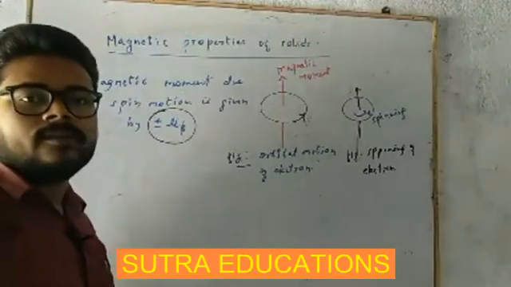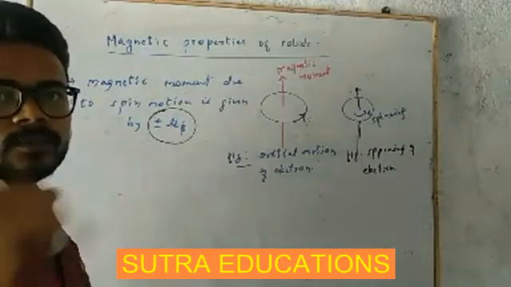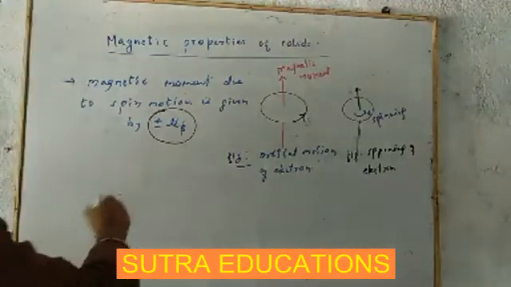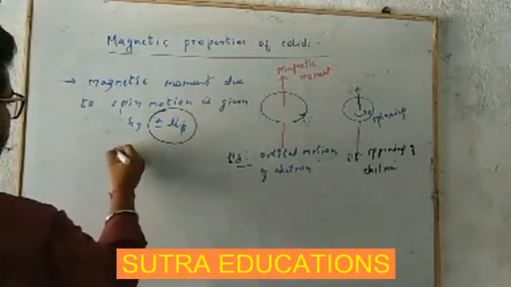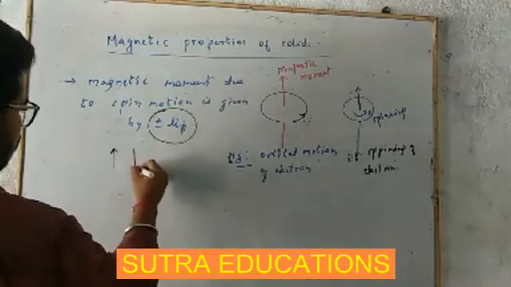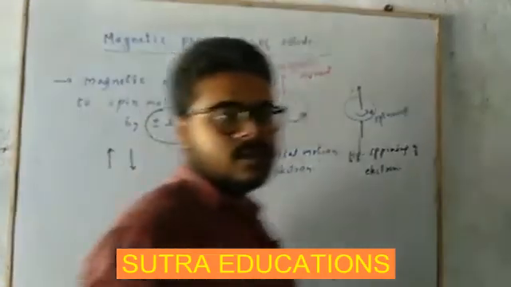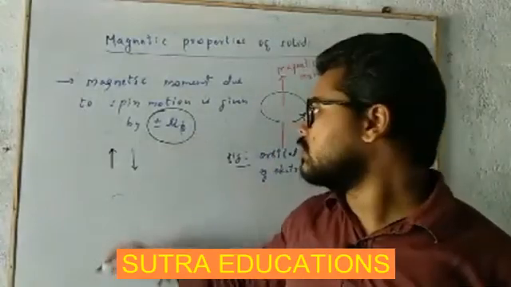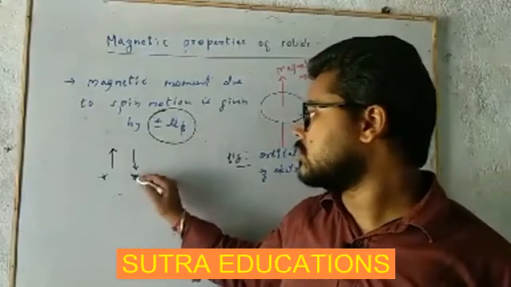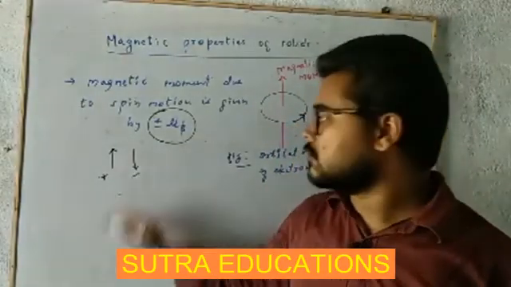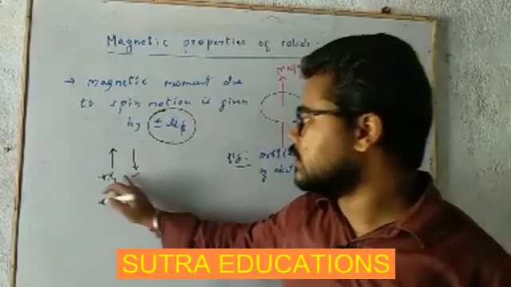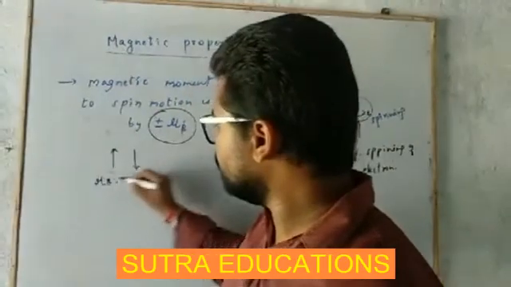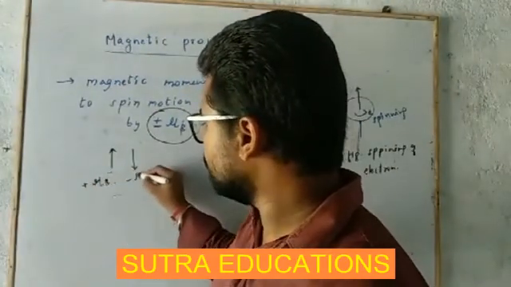If you consider clockwise to be plus, then anti-clockwise will be minus. One is just opposite of the second. So if this is plus mu b, then this will become minus mu b.